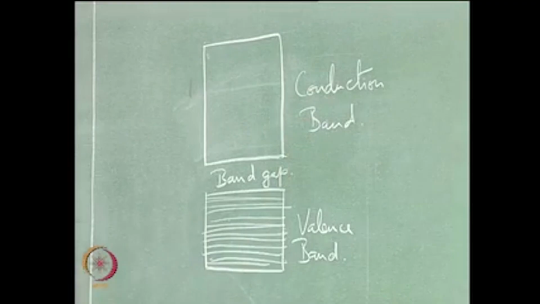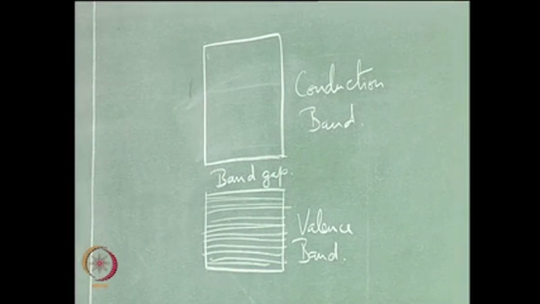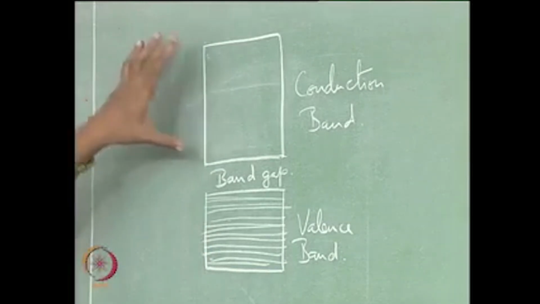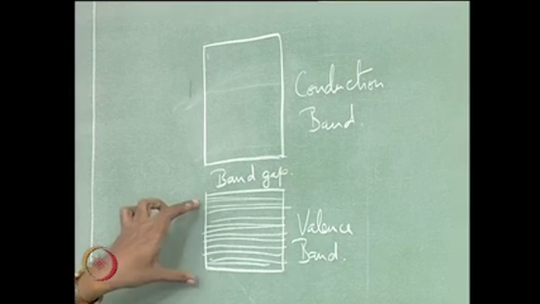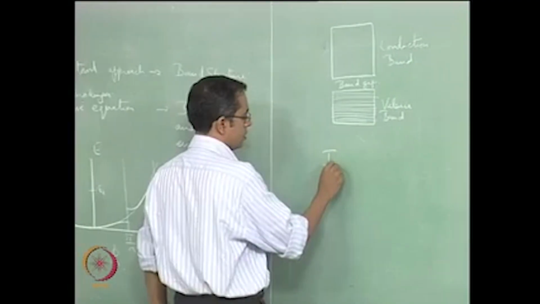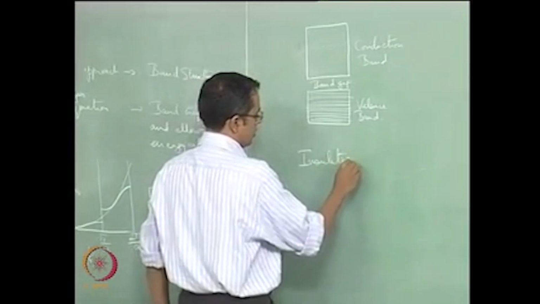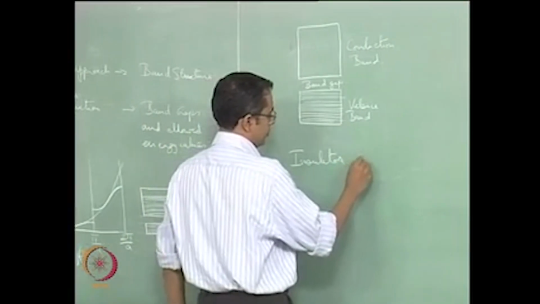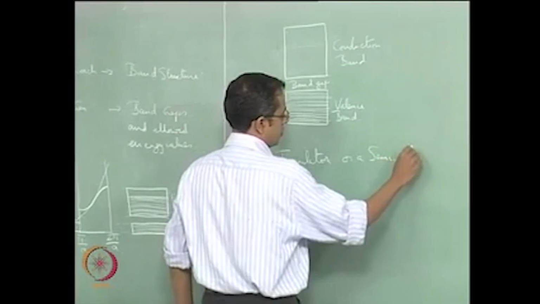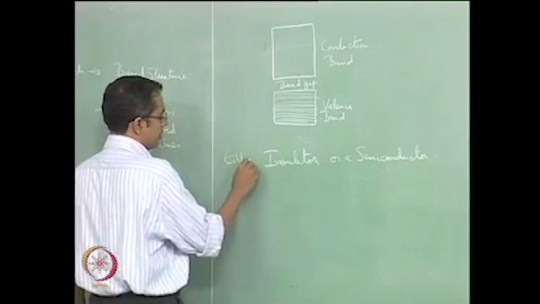Based on the layout of all these bands and what is being filled up, we have materials with different properties. For example, if you have this structure where you have an empty conduction band and a filled valence band, then it is either an insulator or a semiconductor.